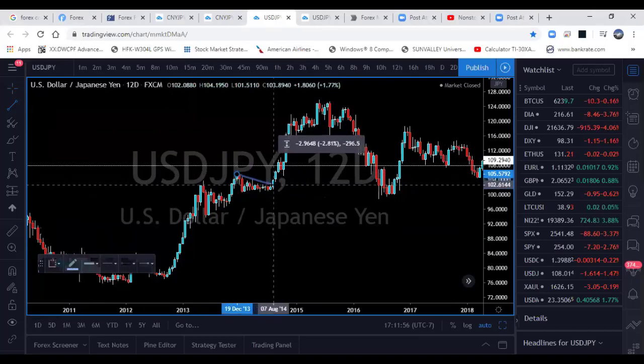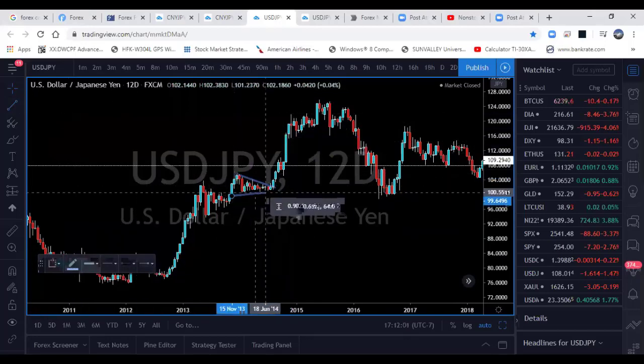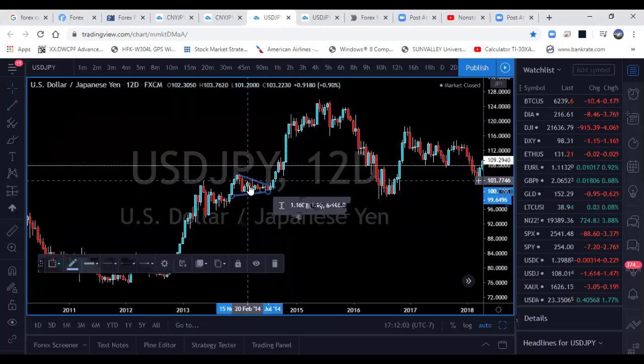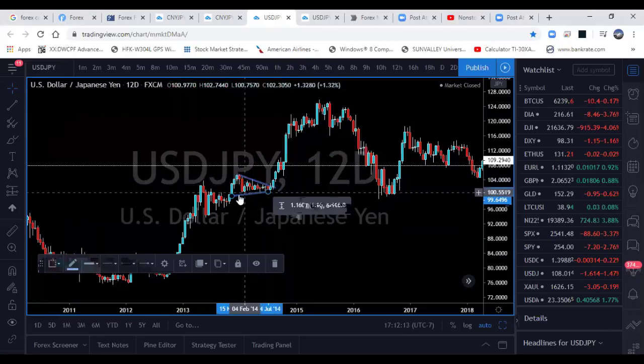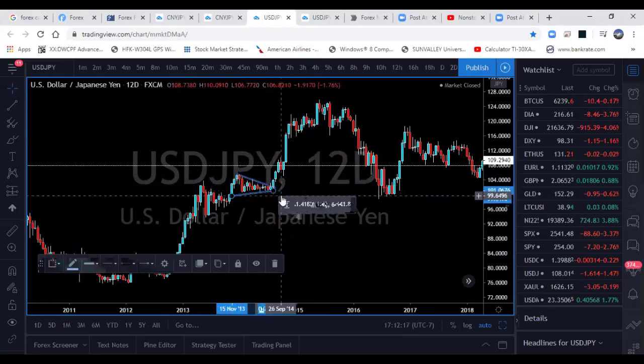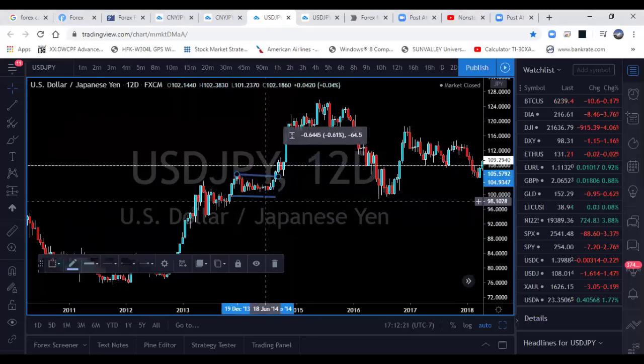This is what they call a triangle or a wedge pattern. This is still sideways, except you have this movement where the highs are getting lower highs, and the higher lows are moving up slightly. So it does not have to be perfect going across to say that the market is sideways.